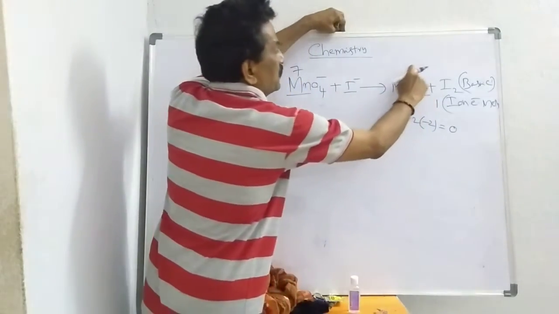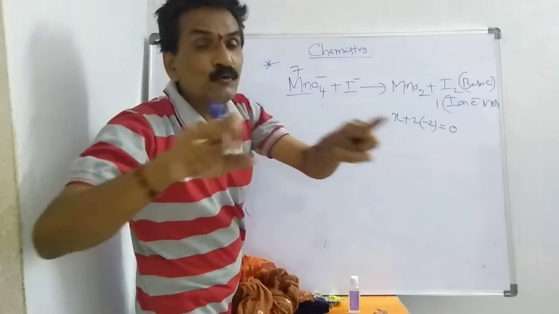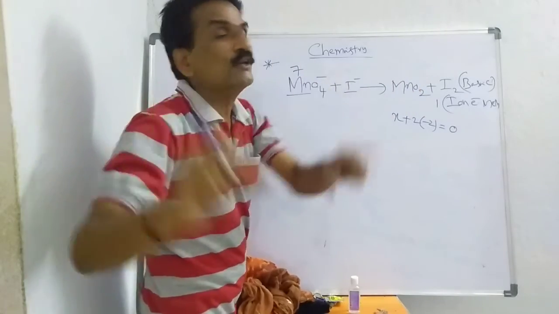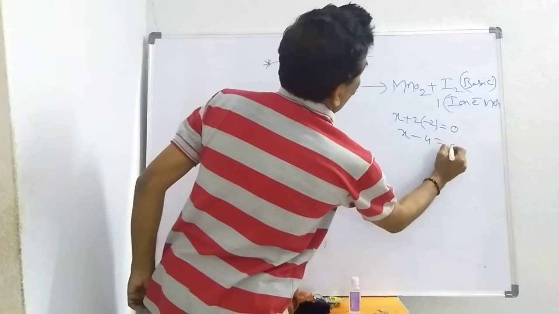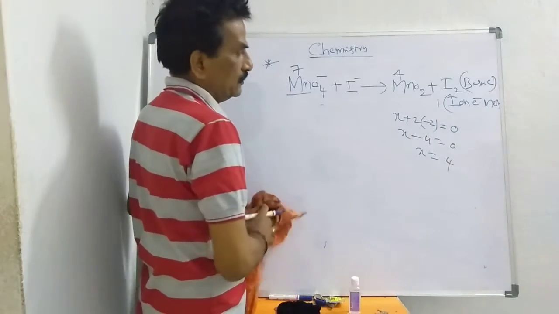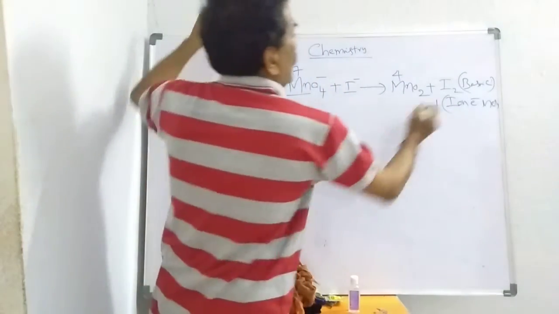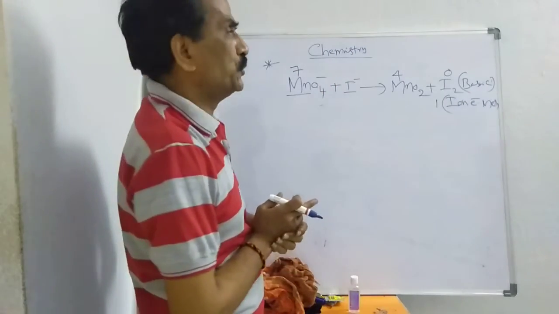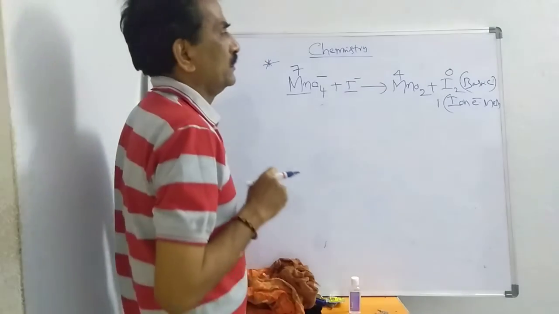Here there is no charge present on this molecule, so we have to equal 0. X plus 2 into minus 2 is equal to 0, X minus 4 is equal to 0, X is equal to 4. I2 is 0, it is a molecule without any mixing. Okay, I2 is 0.